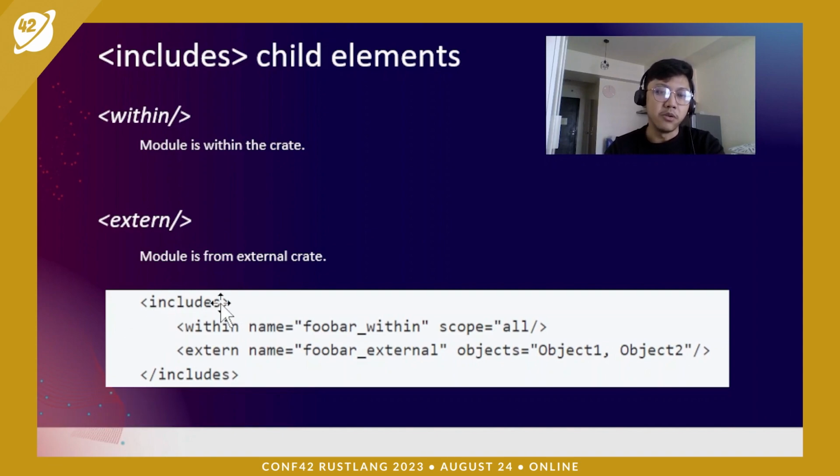We have includes, the tag element include, and within that includes you can have multiple instances of within or extern. So within foobar within, the module is foobar within, and for extern we have the module foobar external.